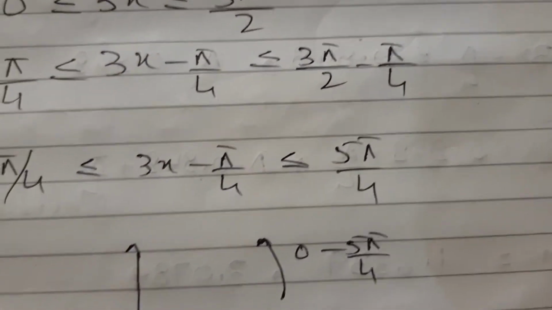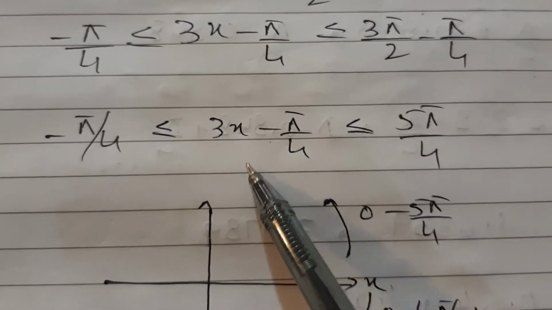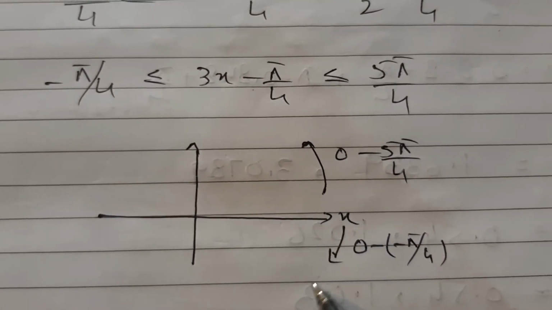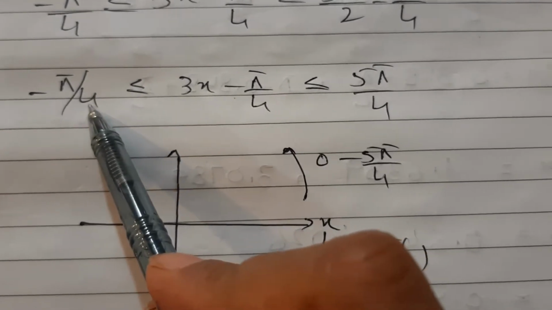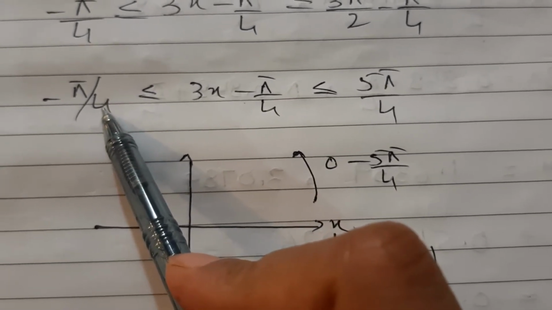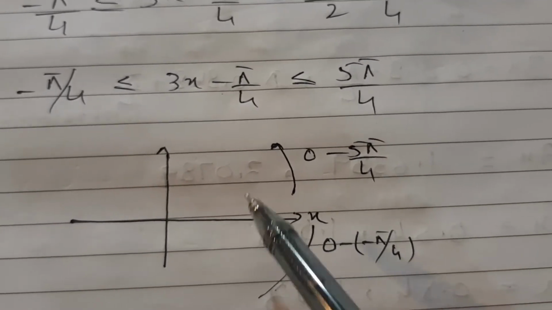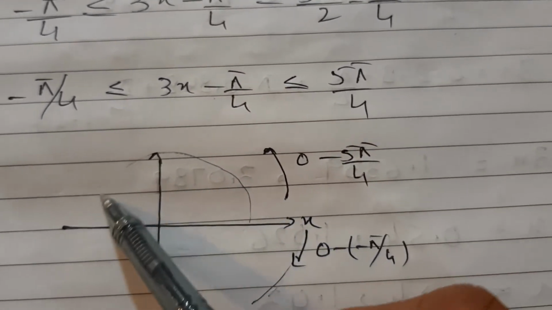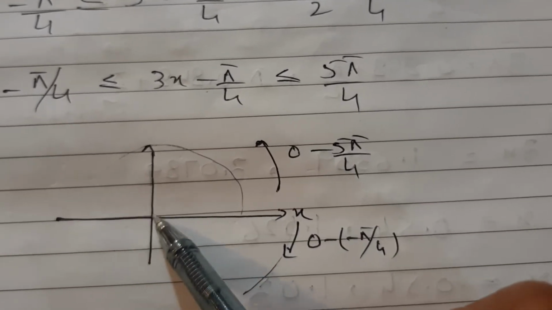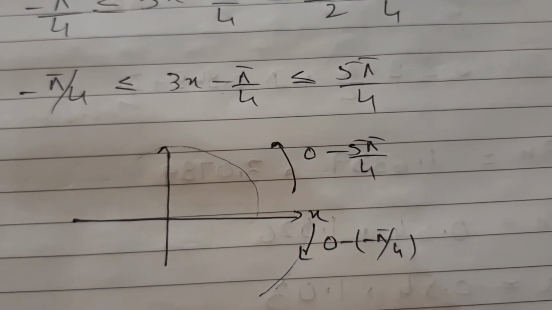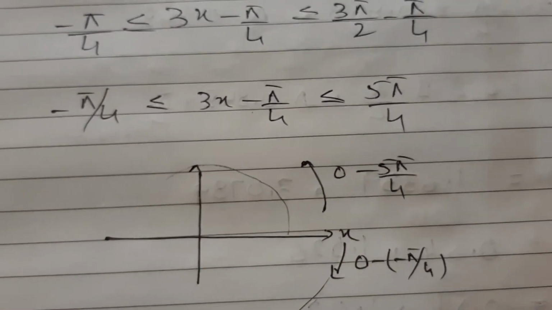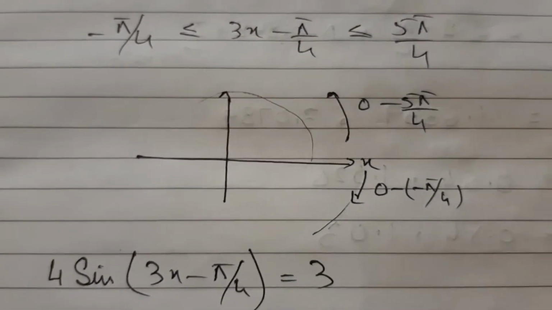Okay, so now it means you will rotate 0 to minus pi by 4, and pi by 4 is basically 45 degrees. And you will rotate 0 to 225, which is equal to 5 pi by 4. Okay, and let's see where our basic angle will be.